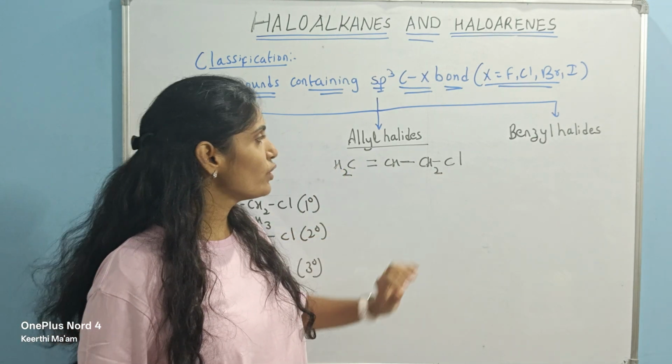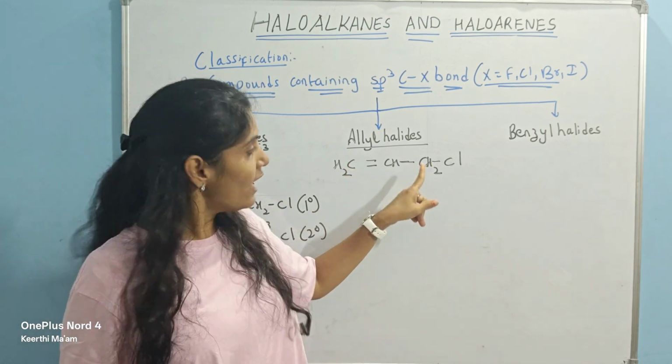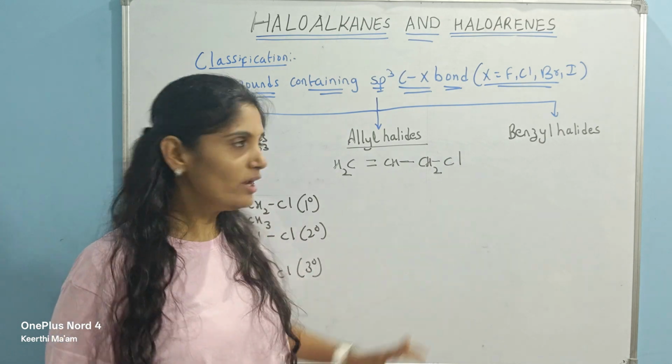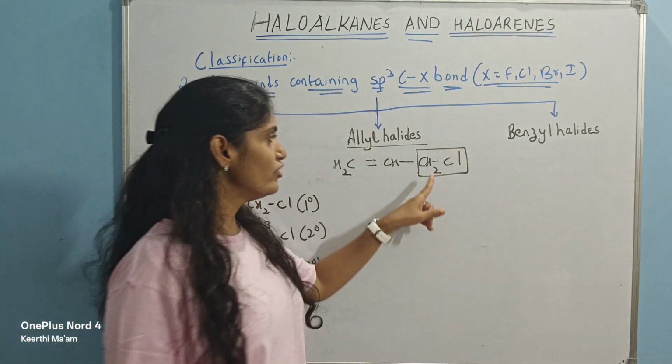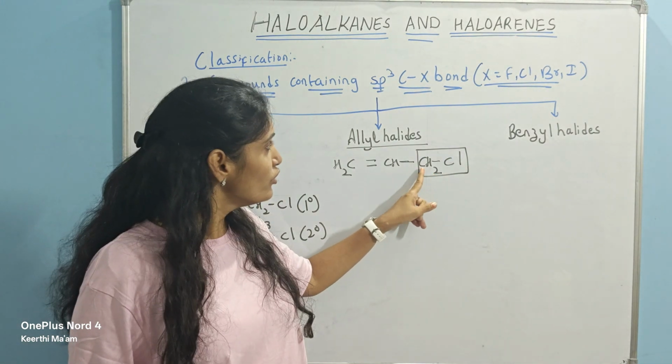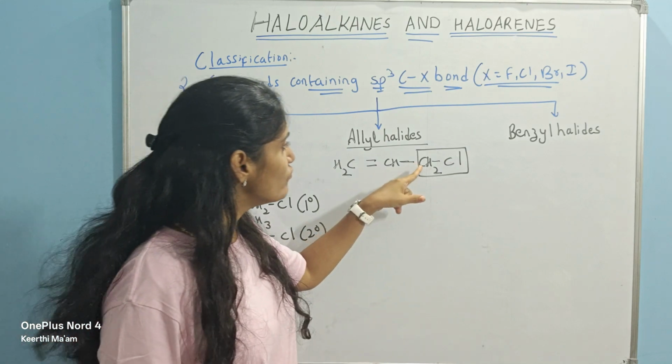So this is your skeleton for your allyl halide: carbon double bond carbon, single bond carbon, and this carbon is further attached to your halogen. So this is my C-Cl bond, my carbon-halogen bond. Now I need to check the hybridization of this carbon.